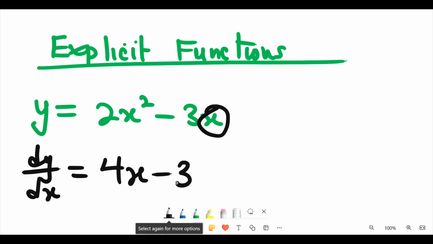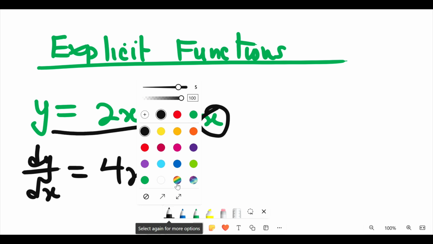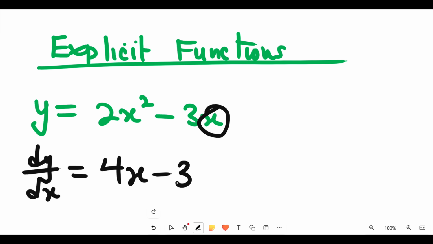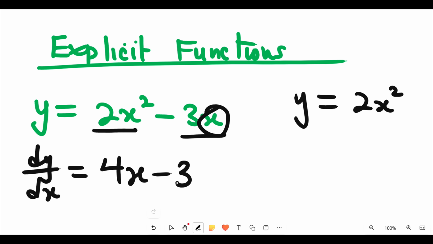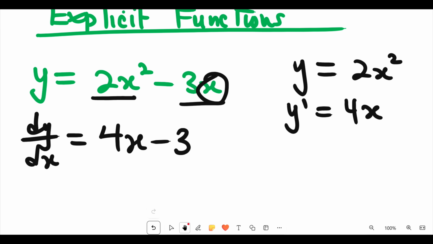Now, another way is that you can take each of the components of the function. Looking at this function, y is equal to 2x squared, then minus 3x. So you can take each of the components. We can say that y is equal to 2x squared. Then you differentiate this one, you get 4x, which is y prime, which is the same as dy/dx.